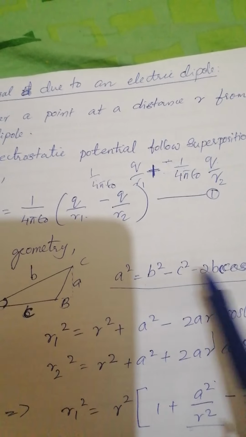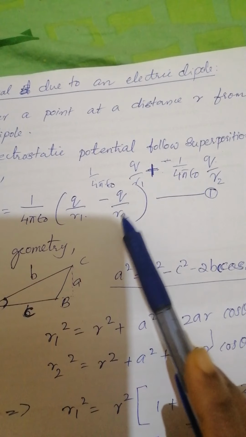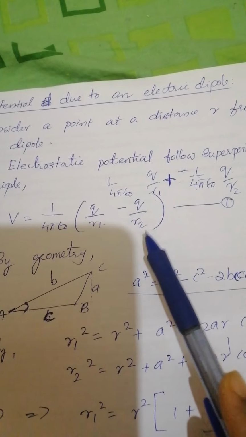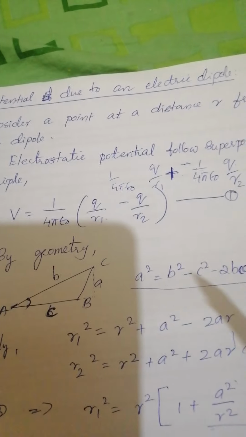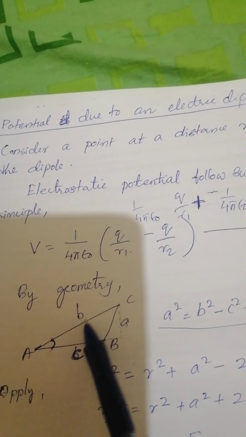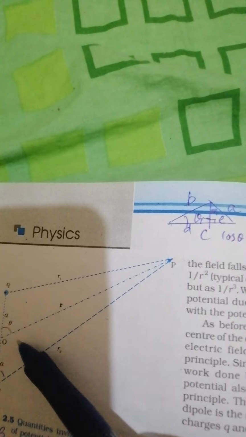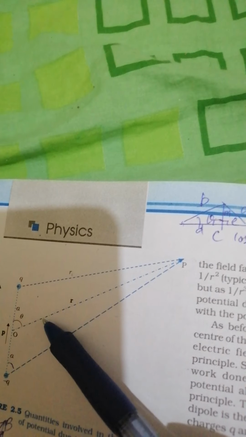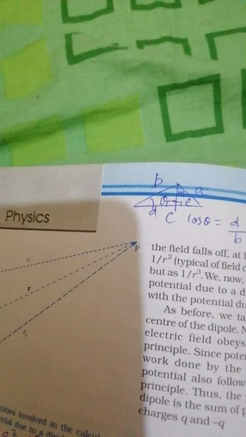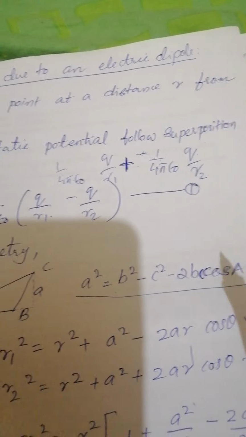We just have to understand this equation and apply it in the equation for potential. So here see this triangle, the upper one, and it follows the same rule. That is, A square equal to B square plus C square minus 2BC cos A.